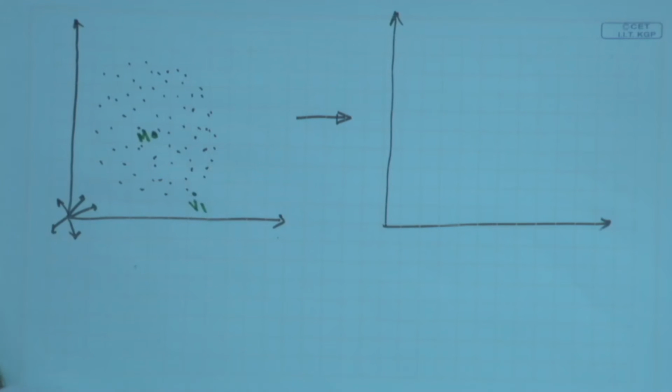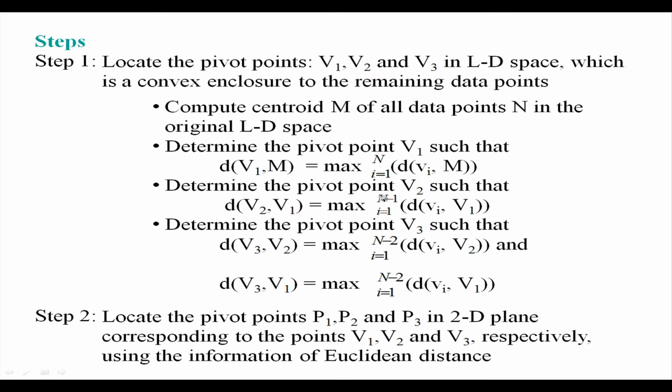The next step is to determine the second pivot point V2 such that the distance between V2 and V1 is the maximum of all the distance values between Vi and V1, where i varies from 1 to N minus 1, because one point I have already taken as V1 out of the capital N points. So, I have got the remaining N minus 1.